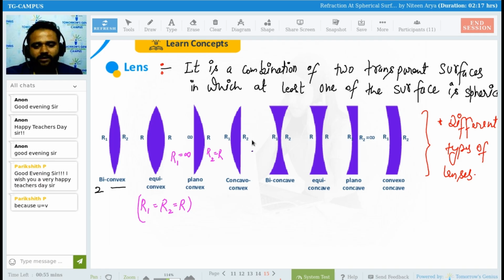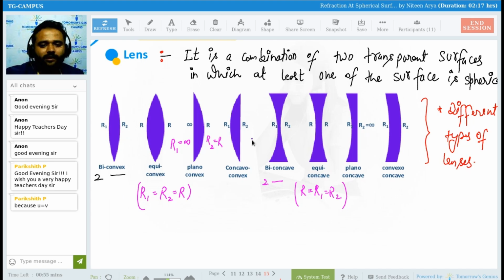Biconcave means both the surfaces are concave. Equiconcave again has R1 equals R2 equals R, so both surfaces are concave. Then plano-concave and convexo-concave. In general we will talk about this in great detail.